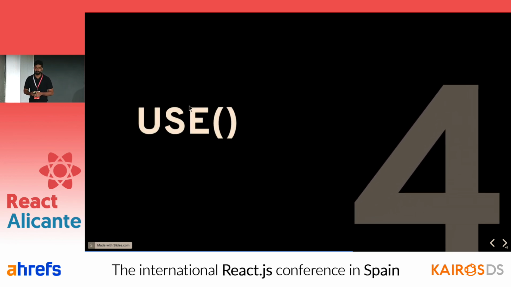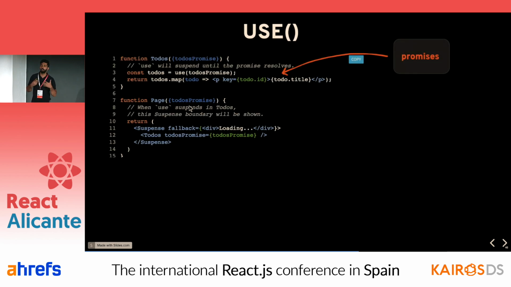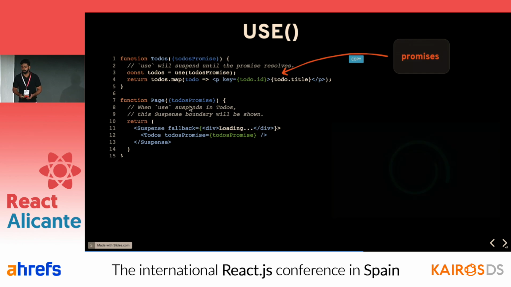Going ahead, there's another very good hook, and I would not say hook, it's more like an API, a shift in how you handle or load resources onto your components. So use, in simple terms, primarily helps you do two things. You can either give it a promise and combine it with the suspense block, so that whenever this promise inside your component is being resolved, you'll get a loading state.